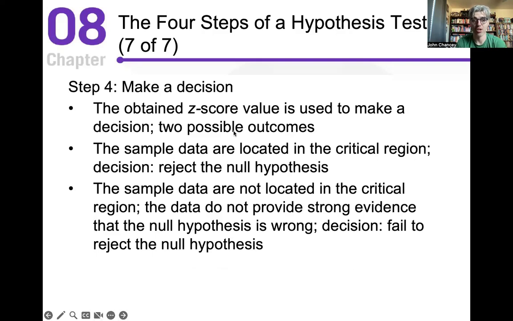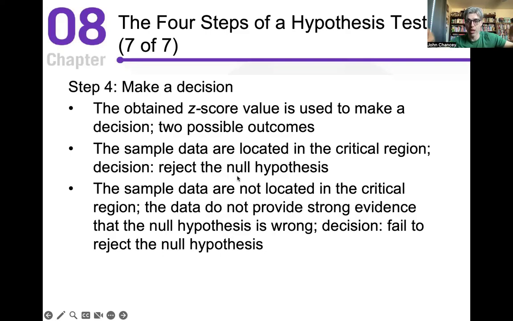And then we obtain the z-score, and we make a decision. We have two possible outcomes. We reject the null hypothesis, or we retain the null hypothesis, depending on how you want to phrase that second one. If the sample data are located in the critical region, we reject the null hypothesis.